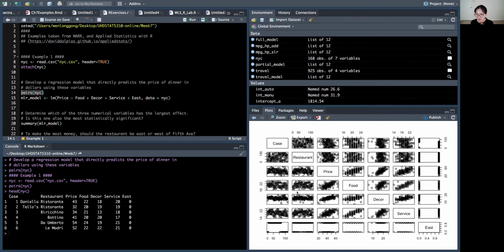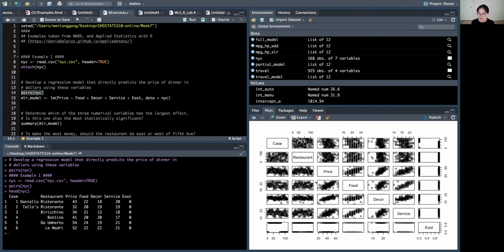If we pick this one, it is telling you price versus decor, decoration I guess. And this one would be food versus decor.